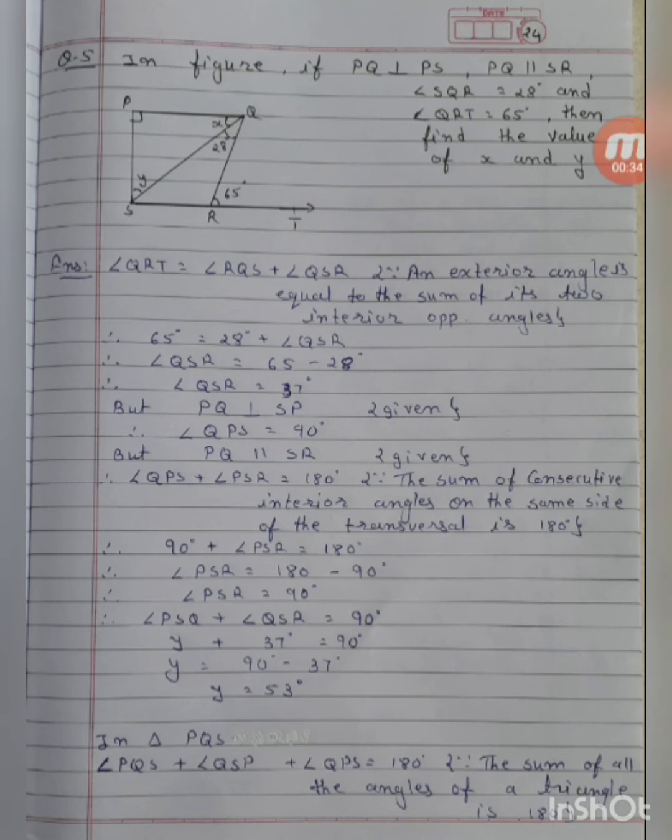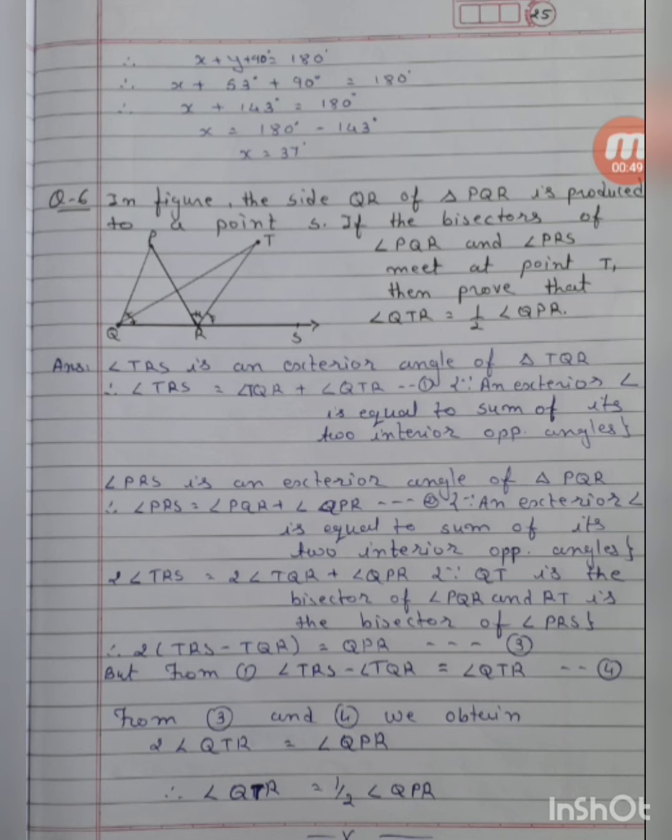Now in triangle PQS, angle PQS plus angle QSP plus angle QPS is equal to 180 degrees, because the sum of the angles of a triangle is 180 degrees. So we can write x plus y plus 90 is equal to 180 degrees. But we know the value of y.